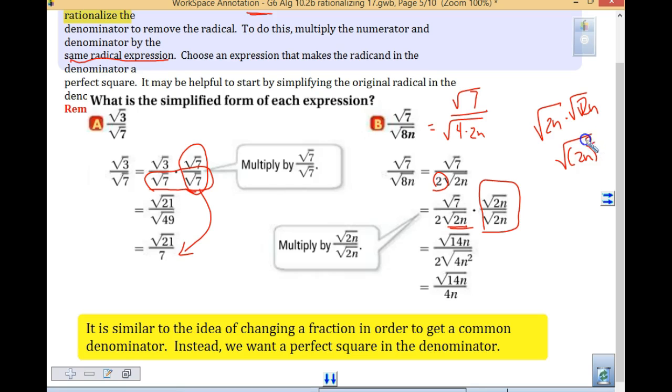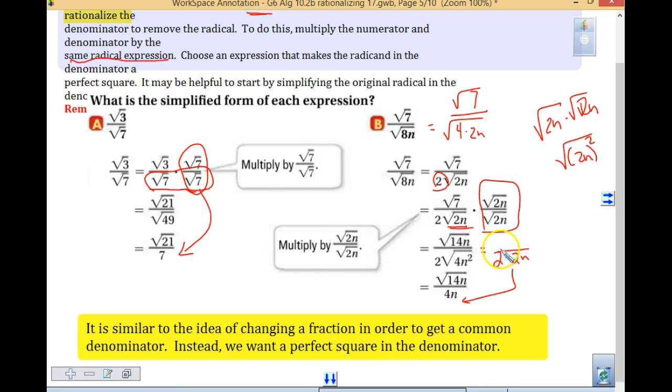And the radical, they undo each other. The square and the square root undo each other, and you are left simply with 2n. So we have 2 times 2n. They didn't show that. That's how they got the 4n. So you still have this 2 out in front that you have to multiply by.